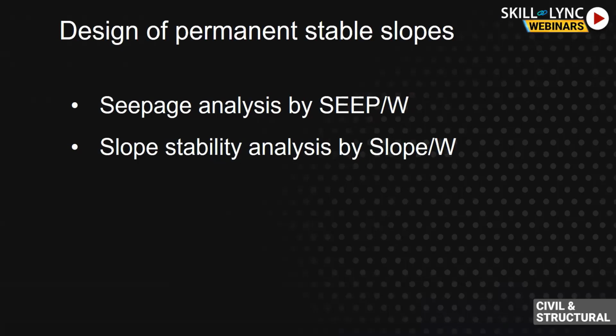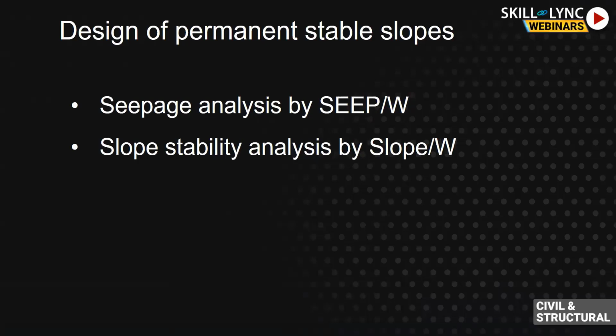If you're talking about this particular case, if you input rainfall intensity, permeability of the soil, and some other parameters, it will tell us how much volume of water is likely to flow onto the surface of the slope, and it will also calculate the pore water pressure for us.